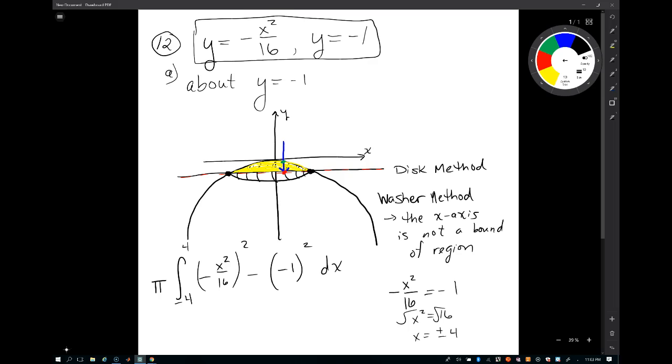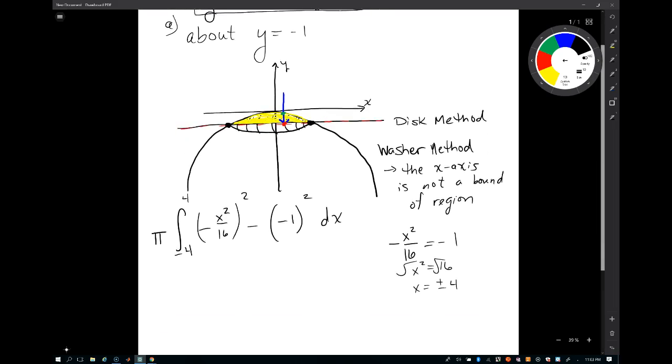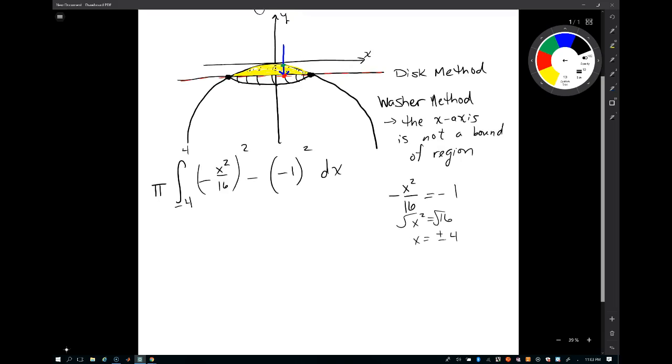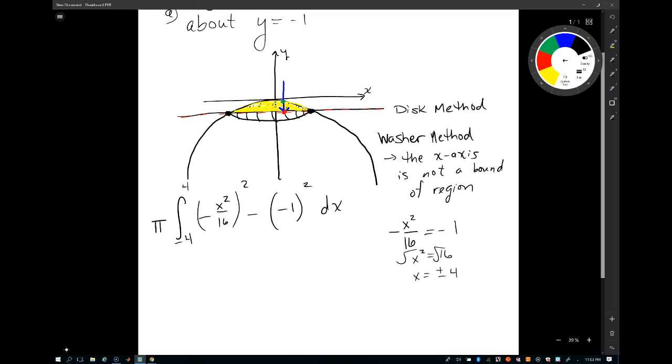So this is what it would look like if it was being revolved around the x-axis. But we are actually revolving around a different axis. So the only thing we need to adjust is we need to take our current axis of revolution, which is y equals negative 1, and we need to shift it so that it lines up with the x-axis.